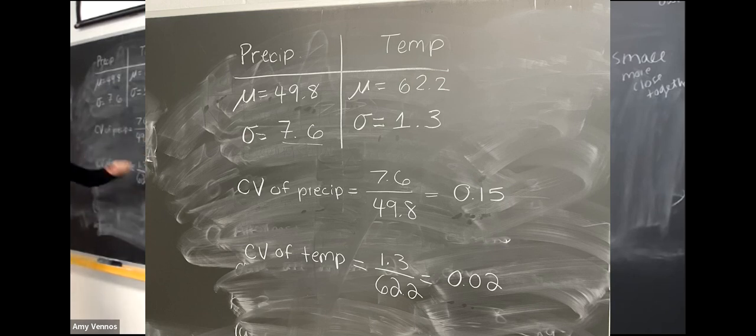So which set of data is more spread out, the temperature or the precipitation? Precipitation, right? Because this one is bigger. And it actually makes more sense, right? Precipitation is more fluctuating. Temperature kind of stays the same. So I think this result actually makes a lot of sense to me.